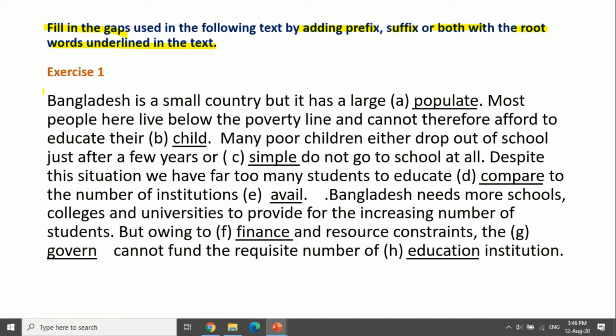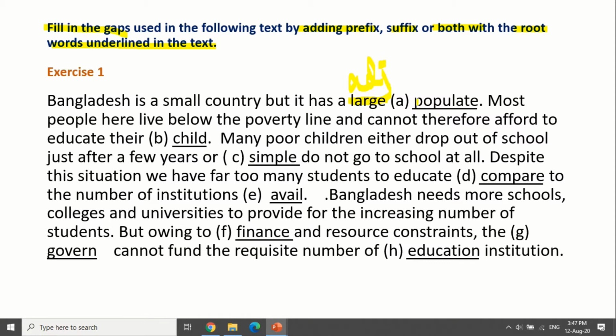So, exercise number 1 is: Bangladesh is a small country but it has a large population. Focus on the word large. It is an adjective, isn't it? You know that in this context, large is an adjective. And what we have to know is that after any adjective, we need to use either a noun or pronoun.